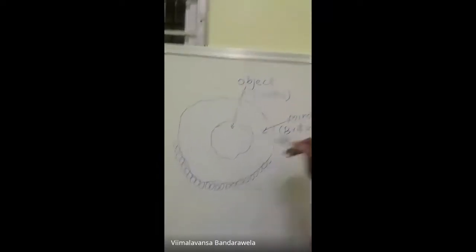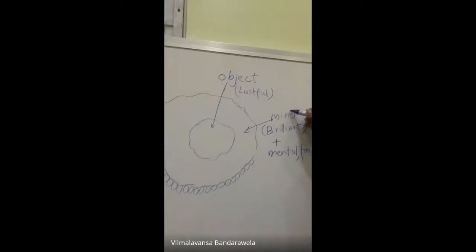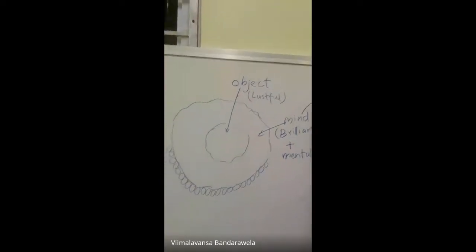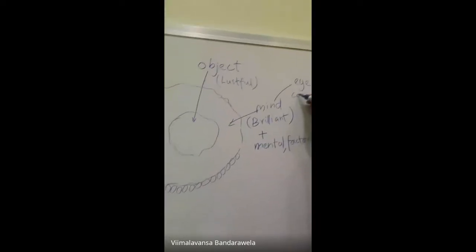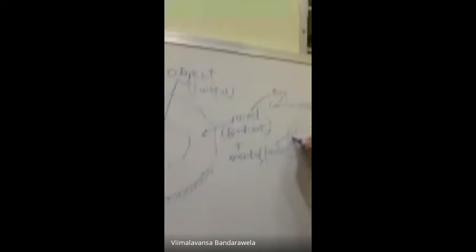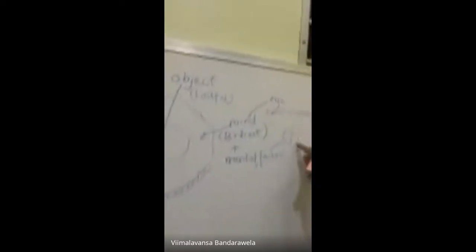Lustful thing, and mind plus mental factors. This is chakku viññāna, eye consciousness, right? The eye consciousness is only one thing, and with the eye consciousness you have 7 mental factors, right?